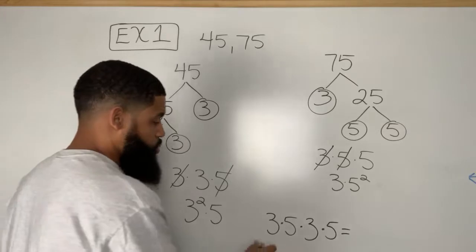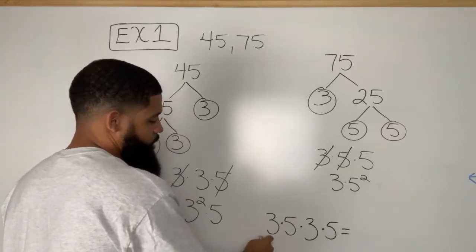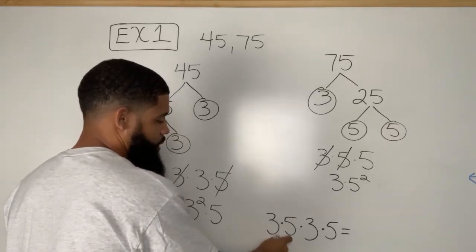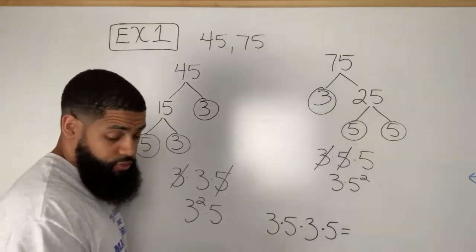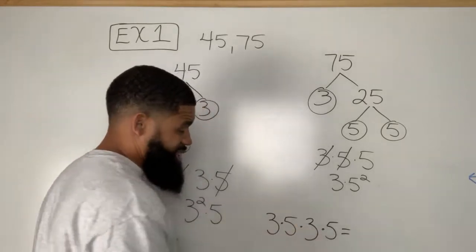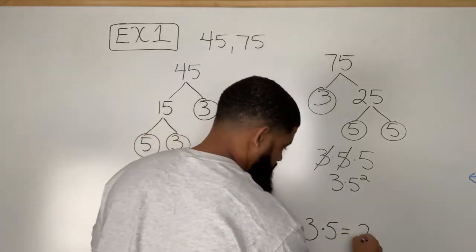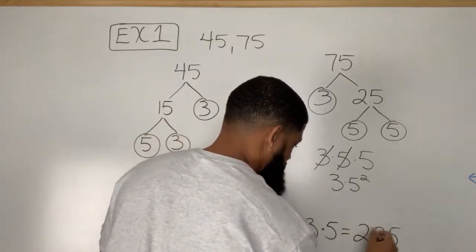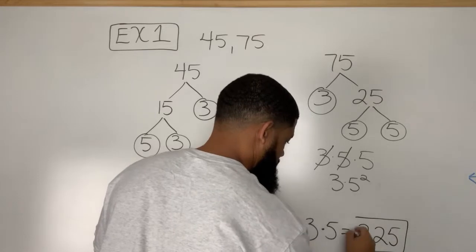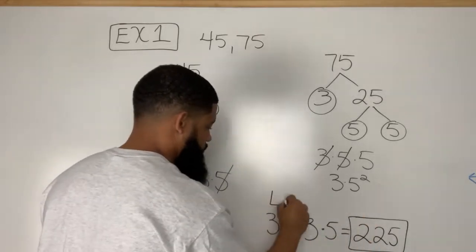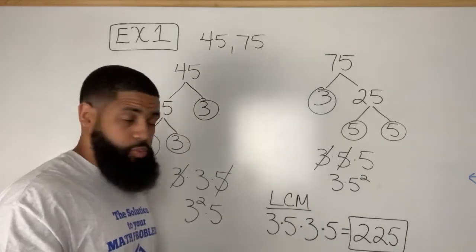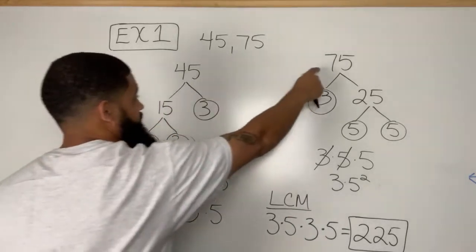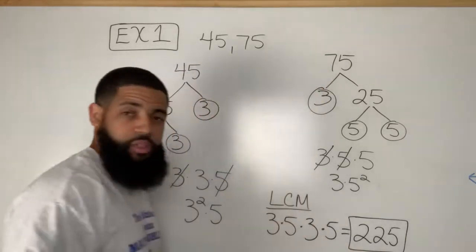If I multiply all those together, I'm going to get the least common multiple. Well, 3 times 5 is 15. 15 times 3 is 45, and then 45 times 5 is 225. So the LCM, or least common multiple, of 45 and 75 is 225.